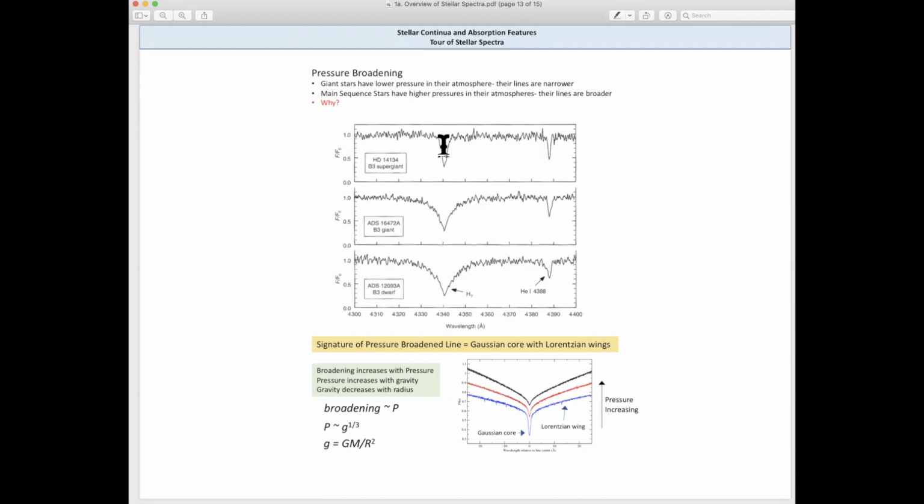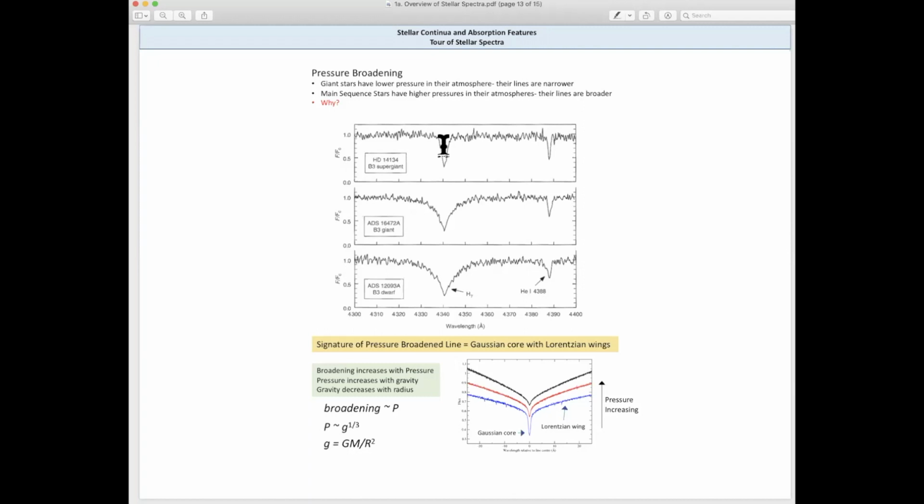Giant stars have lower pressures in their atmospheres and their lines are narrower, okay? So the gas is much lower density in the atmosphere of a supergiant star. When you have a main sequence star, it has the same temperature of gas, but the gas is much denser, okay? So the pressure in that gas is higher.